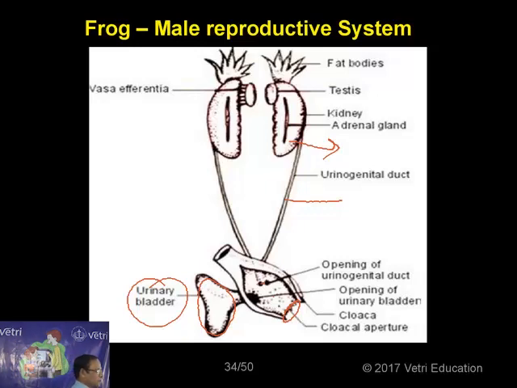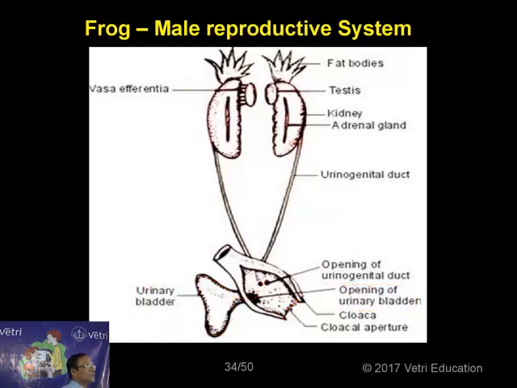Now the urinogenital ducts separately open into the cloaca, and this is the opening of the urinary bladder. The urine enters here and is collected in the urinary bladder before it is discharged. After the urinary bladder is filled, the urine is discharged out through the cloacal aperture. So that's about the excretory system, very similar organization.